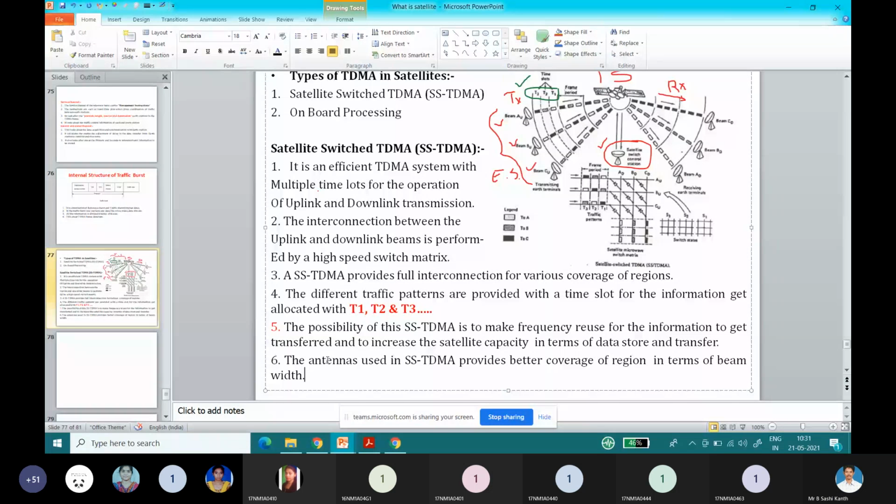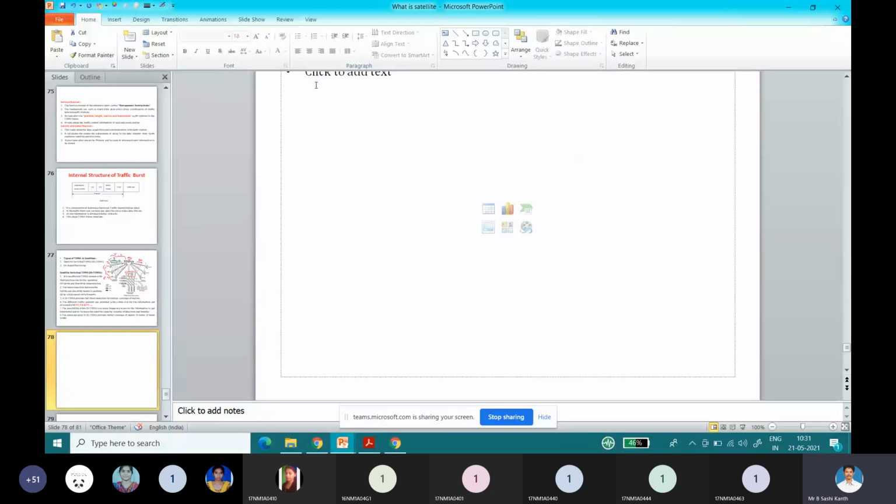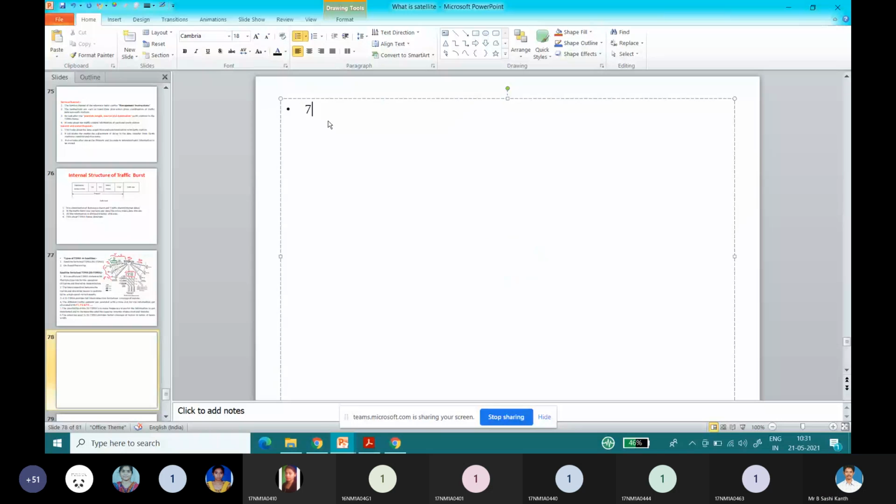The next point in SS TDMA is the use of narrow beam antennas that provide a high gain of coverage region for the efficient transfer of information.